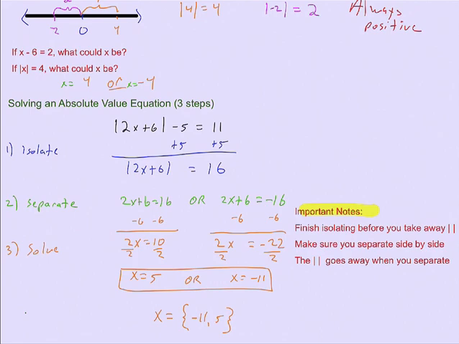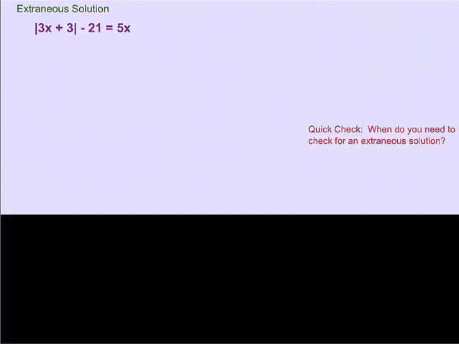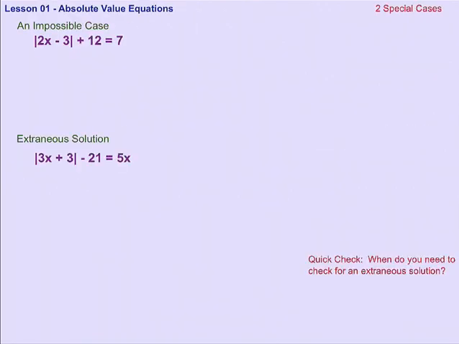Okay, the next thing we're going to look at quickly are a couple of strange cases, a couple of exceptions. Number one, and the name kind of gives away what's going to happen, the impossible case. If we go through our steps for this absolute value equation, the absolute value of 2x minus 3 plus 12 equals 7, our first step should be to isolate.